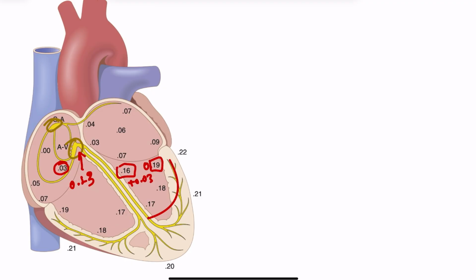So till now the impulse has reached from the SA node to the terminal portion of the Purkinje system. Now for the contraction of the ventricle, this impulse should travel to the ventricular myocytes. From this terminal end of the Purkinje system, the impulse will travel to the respective ventricular myocytes.